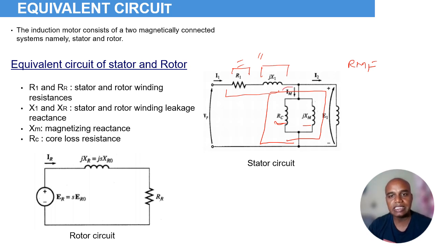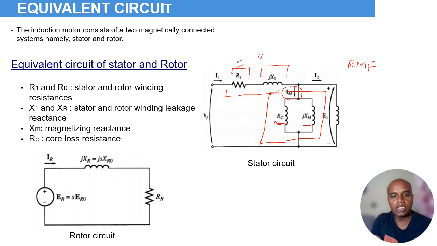The magnetizing current IM here is the current which is taken by the induction motor at no load also, which is used to set up the electromagnetic field in the motor itself. Therefore we have this series circuit, shown here as R1 and jX1, and the parallel equivalent is used to represent the magnetizing component of my induction motor.